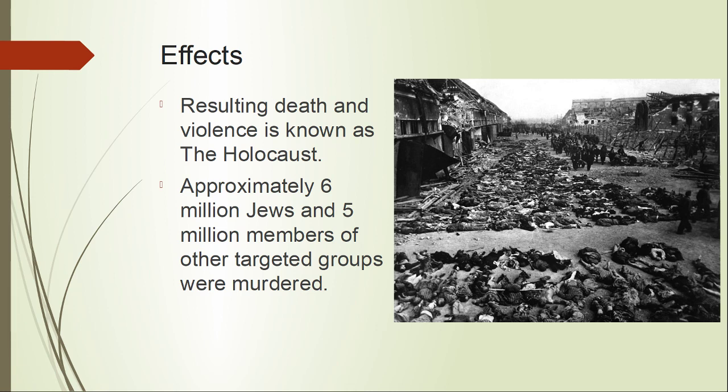So you would have to kill everybody in Roseville about 90 times to get up to 11 million. Every single person in Roseville. 11 million is an incomprehensible amount of death to be caused in a really short amount of time. Really just a couple of years is when the majority of the killing happened during the Holocaust.